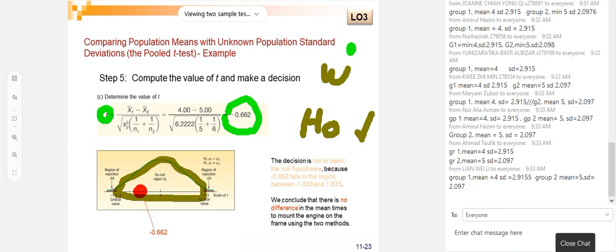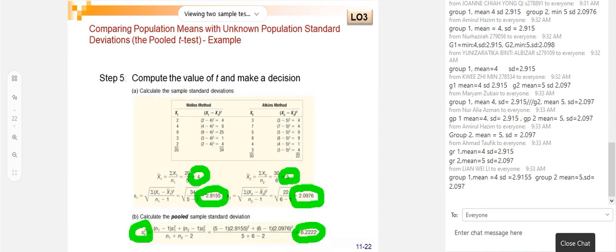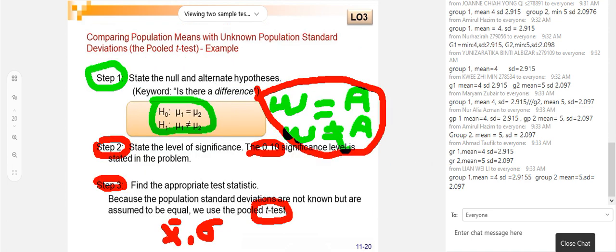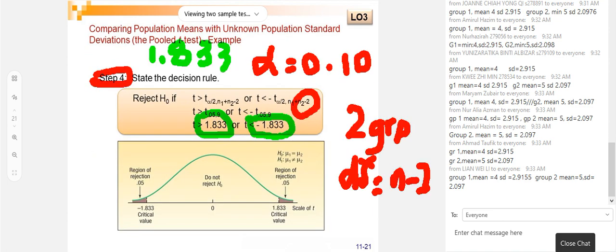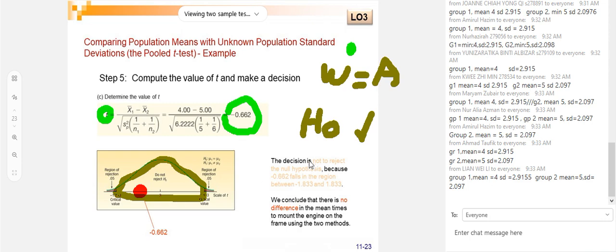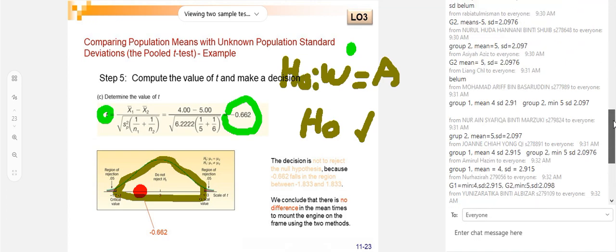Wills is equal to Atkin. Betul tak? Wills equal to Atkin. H0, betul. Jadinya dia tak ada beza doktor. Okay, dia tak ada beza. Bermaksudnya kita boleh guna method siapa-siapa pun okey, sama ada method Wills ataupun method Atkin.